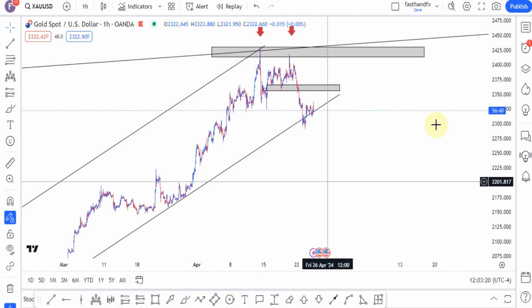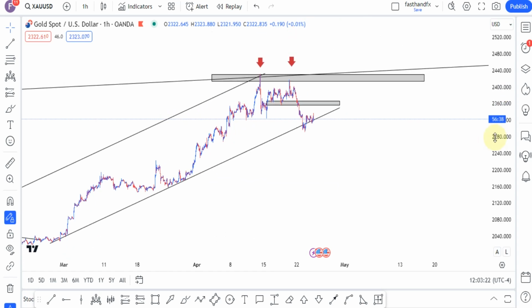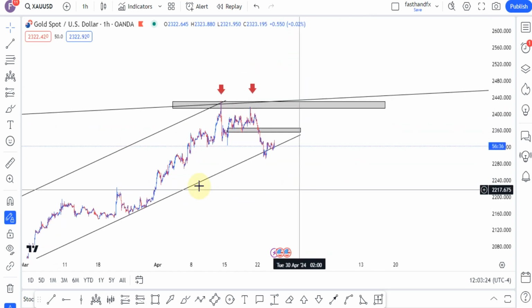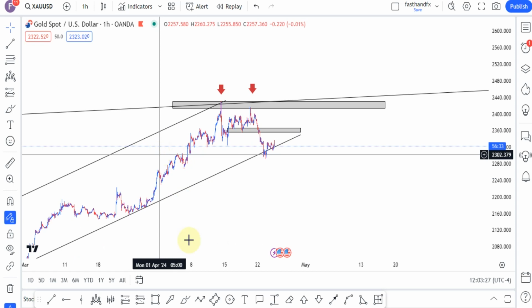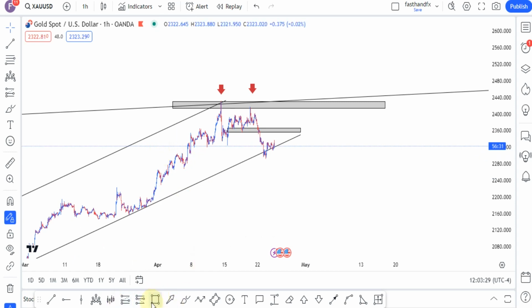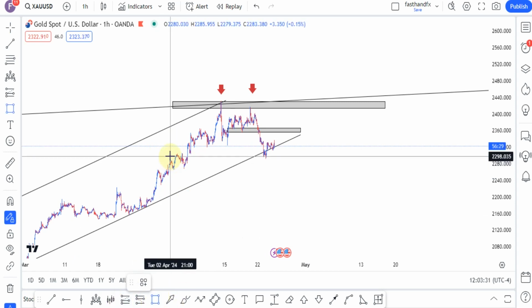So in this case, the market has already come all the way down here to this area, which is our area of support, or we can call it the demand zone.